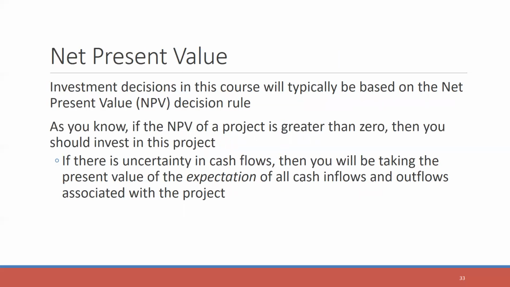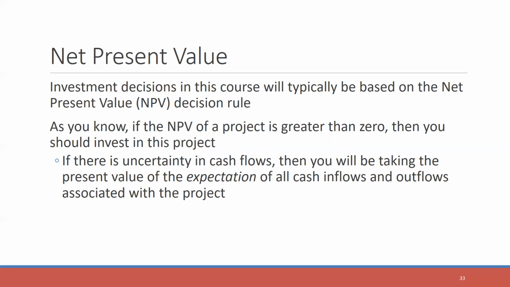Investment decisions in this course will typically be based on NPV. Now, I know you know this from your other corporate finance classes, but let's make sure we remember this. If the NPV of a project is greater than 0, then you should invest in the project.